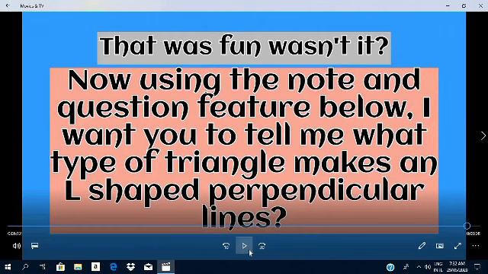And lastly, using the notes and question feature below, I want you to tell me what type of triangle makes an L-shaped perpendicular line. Make sure you do that, because your participation in the notes and question feature will make up for your class assessment, and you'll be scored accordingly.